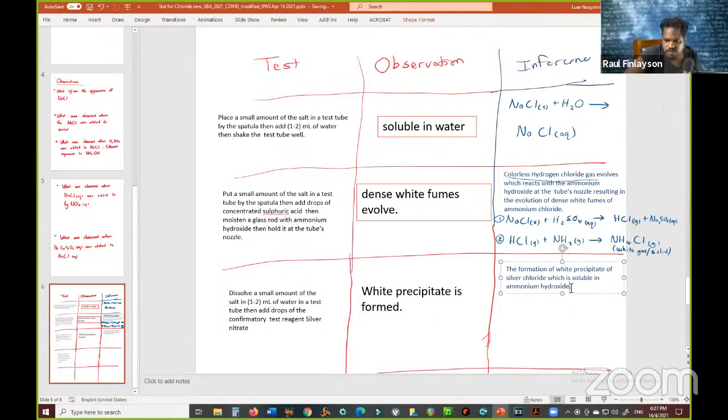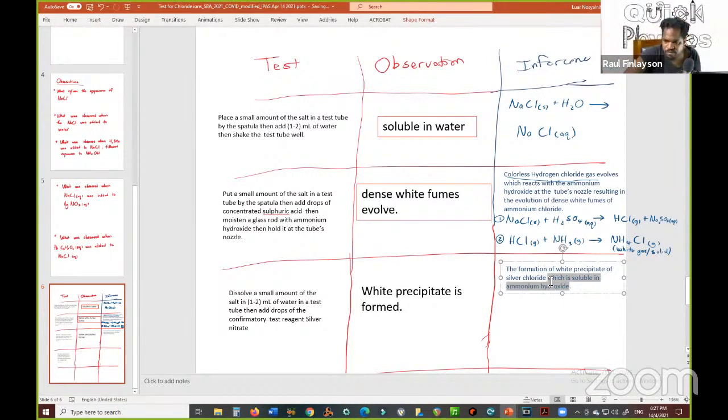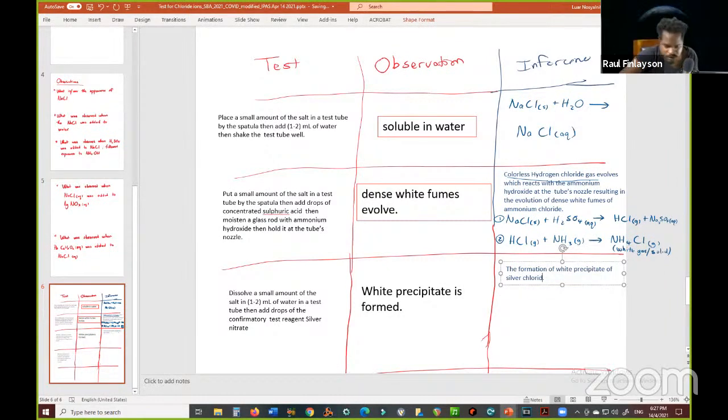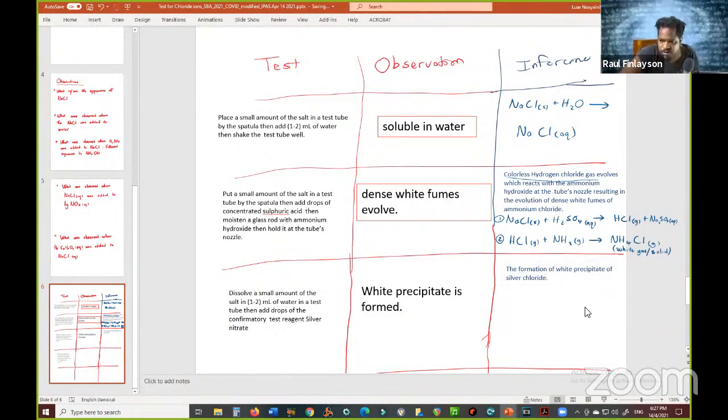Do I need to put this though, because they never say anything about ammonium hydroxide here? So no, we can take out this part. Just stop it right there. You can just leave it right there. Formation of white precipitate silver chloride.